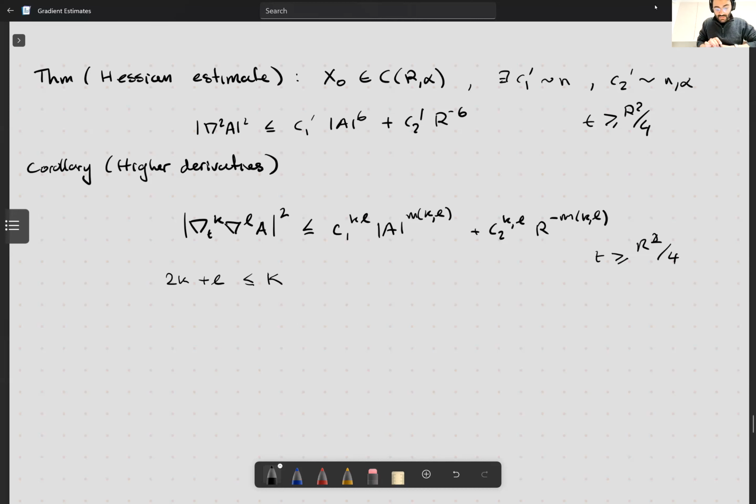Also, maybe I should say one thing about how you get the time derivative. You know that the time derivative of A is equal to the Laplacian of A plus A squared, right? So if you've bounded the derivatives of A, you can also bound the time derivative of A.